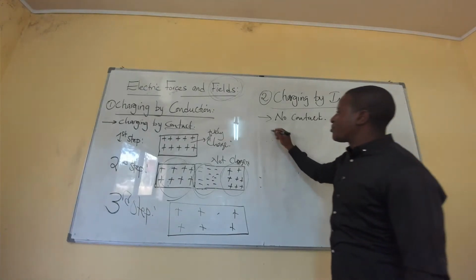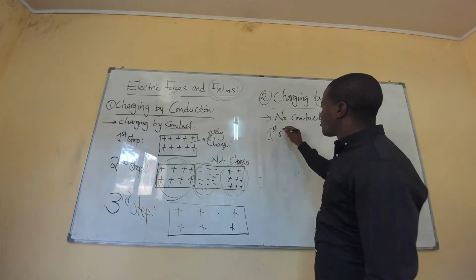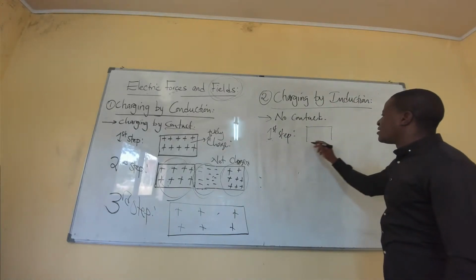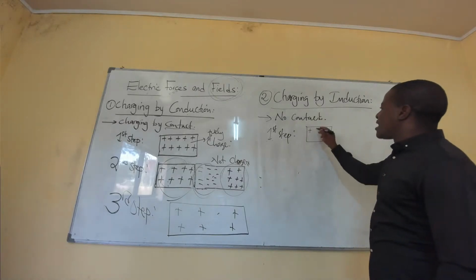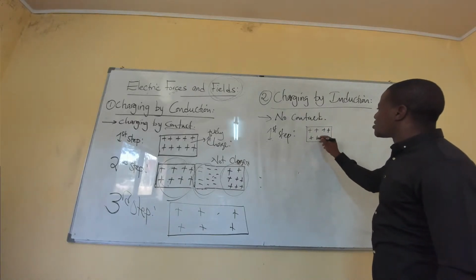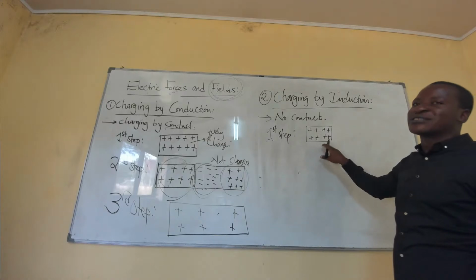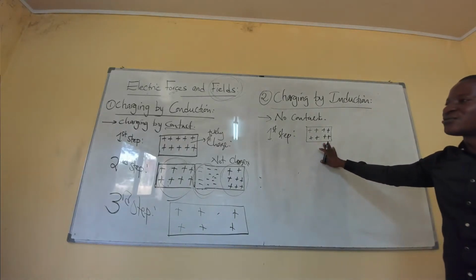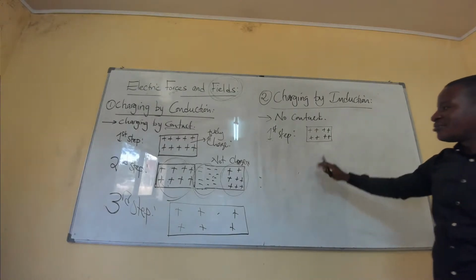So the first step is where we have our positive charged body. It's not always that you should have a positive charge. You can have even a negative, depending on how you want to do your setup.